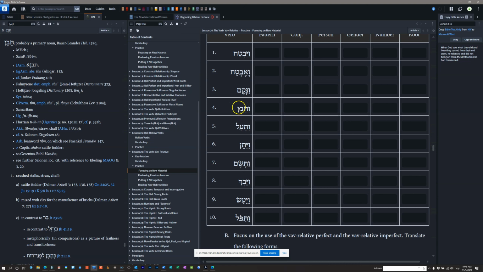But if we've got bana here, everything starts to make sense. Why is it tiven instead of tiv with a silent shewa here, nun, segol, hey? That's the form we would expect with an imperfect, tiv-ne.